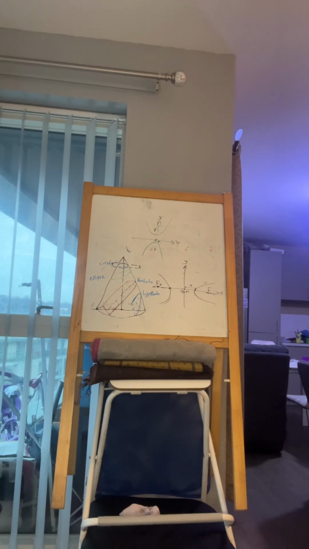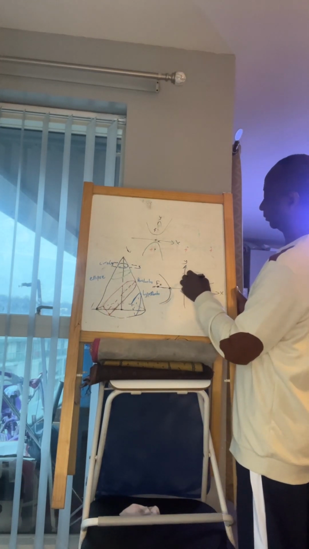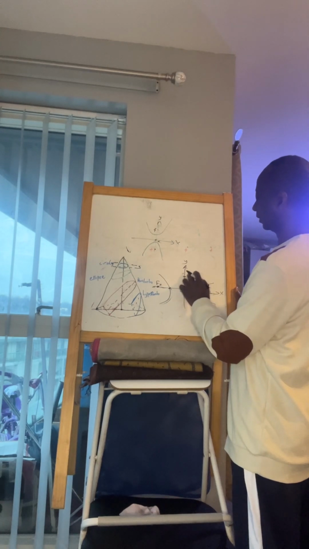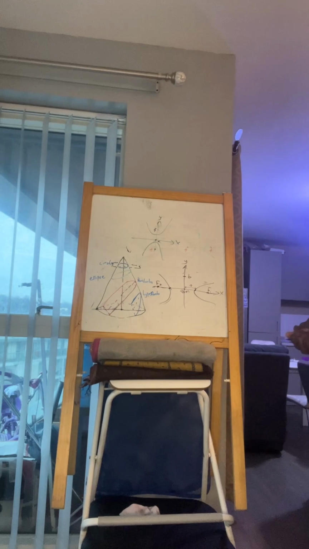Then we have another distance here we call the co-vertex.